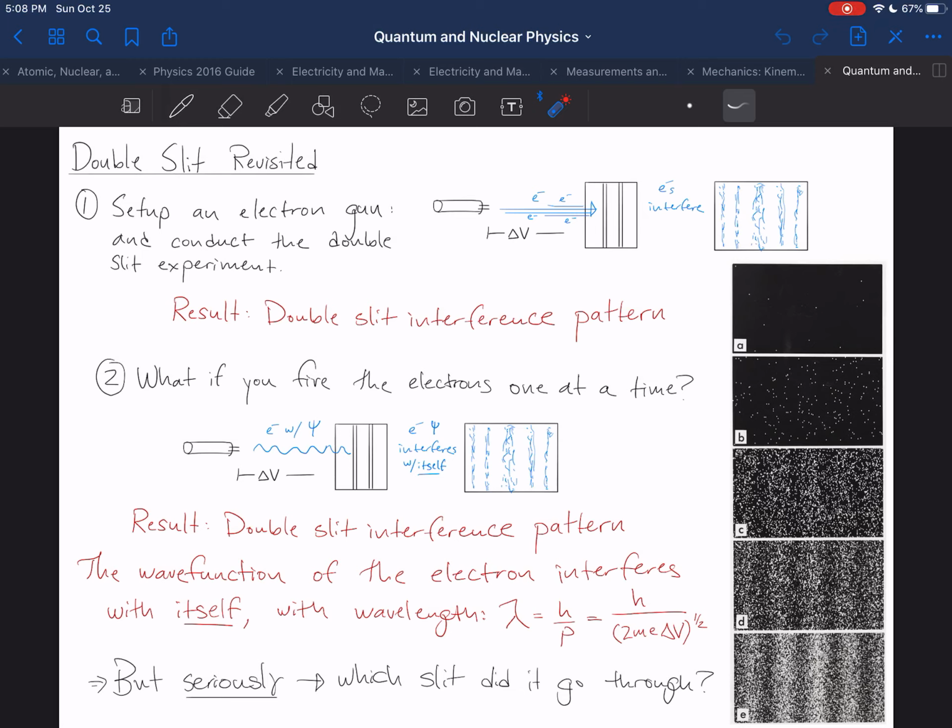But notice that if you fire the electrons one at a time, you get the same result. And that is one of the first mysterious results when this experiment was first conducted and first considered.